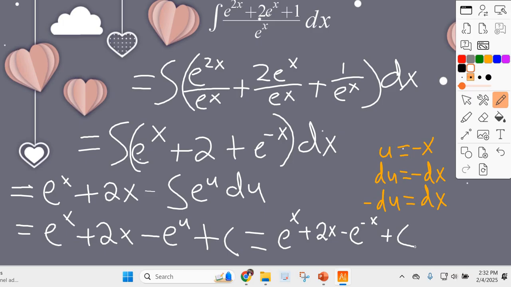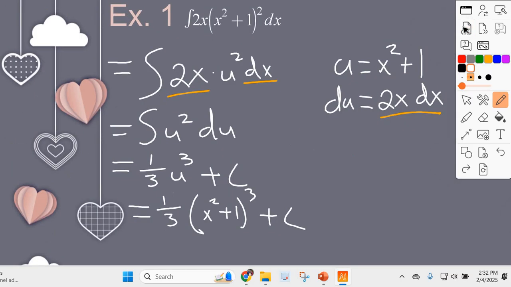Follow up question. If you put the u in the wrong place, would you get the answer eventually? Basically, it's not going to work out. If I take the derivative, so let's say this first example is kind of easy, and I let my u be x, I take the derivative of that and I get a 2.